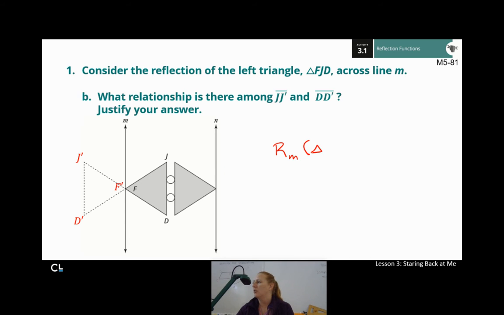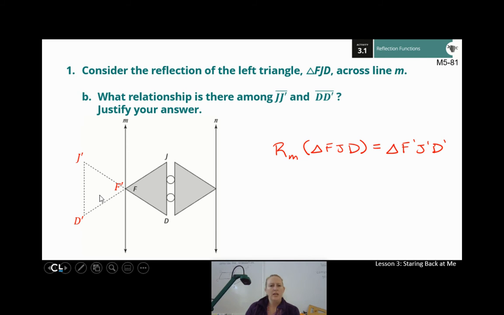So I'm going to say the input is triangle FJD, and it equals, well, if I input a triangle, I get a triangle as my output, right? So my output is triangle F prime, J prime, D prime. Beautiful.